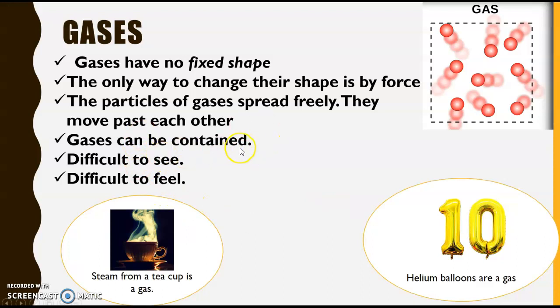Gases can be contained, but obviously it is hard, like I said. Most gases are difficult to see, just like the air we breathe. It's very difficult to see unless in cold weather and your breath is hot, obviously, and you try to breathe out, and you could actually physically see your air into space.